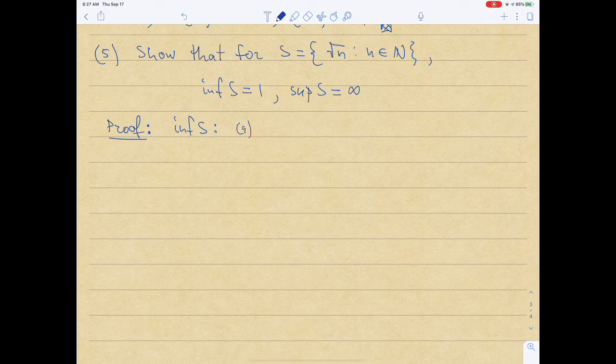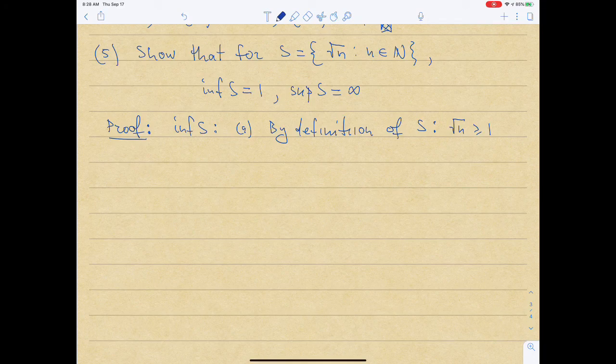So by definition of S, what are the elements of my set? They're square root of n, right? So if I take a square root of any natural number, it must be greater or equal than 1, right?